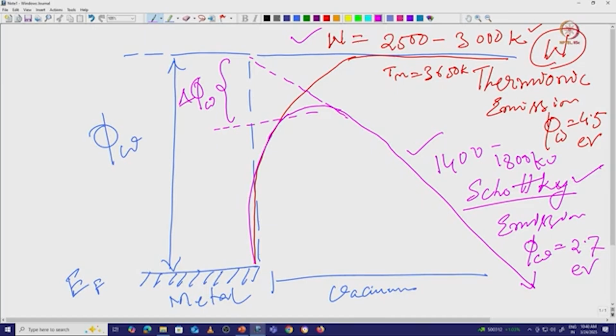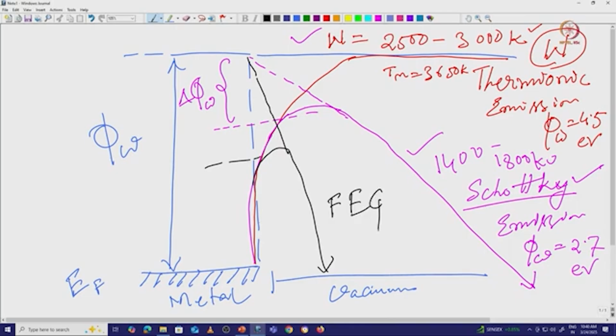Now I will draw the final one, the field emission gun. If we draw it, it will go something like that, and definitely the work function value is changing. This is called the field emission gun.